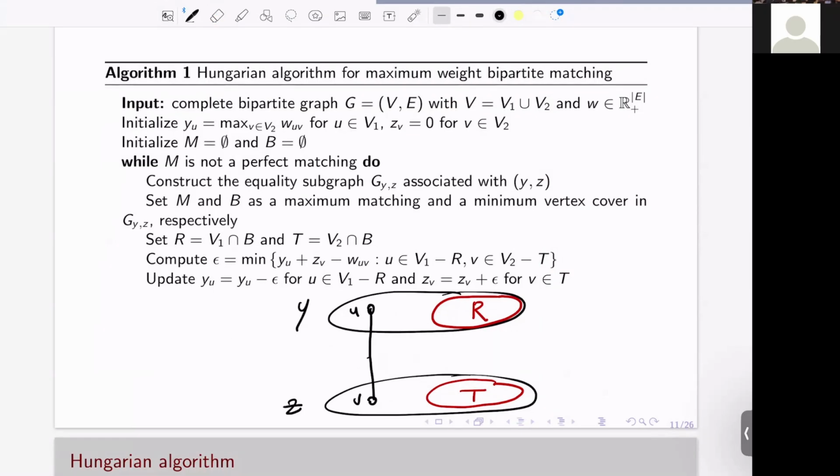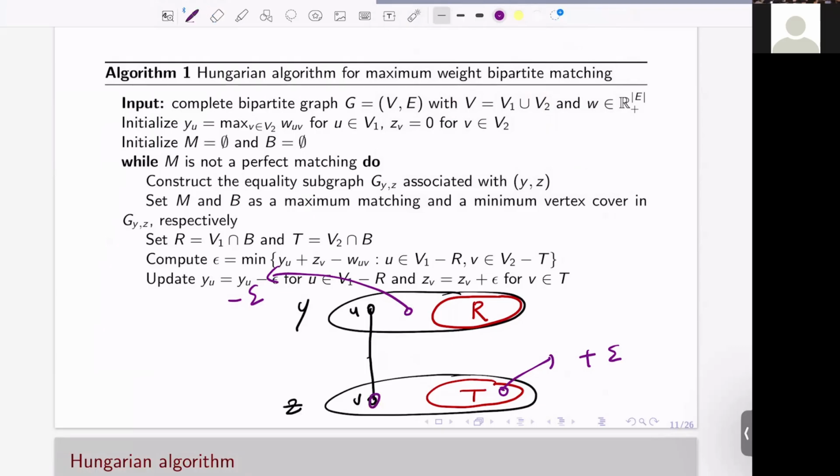For the vertices inside T, you are adding epsilon. And for the vertices that are not part of R from V1, you are decreasing the value by epsilon. Let's look at this edge.